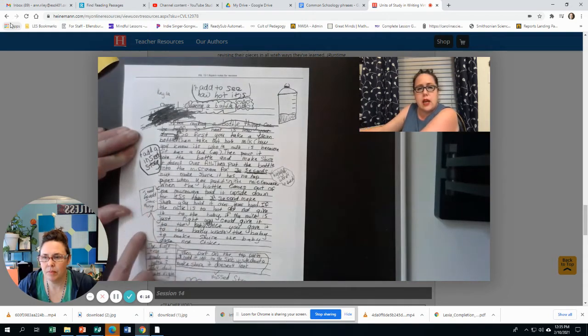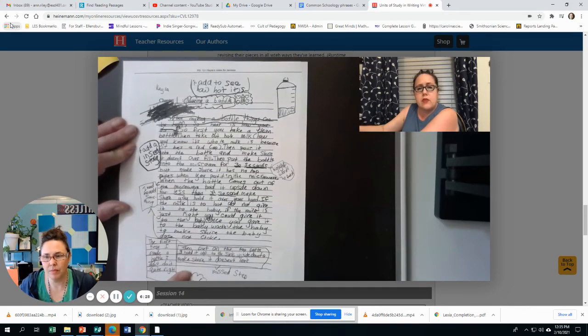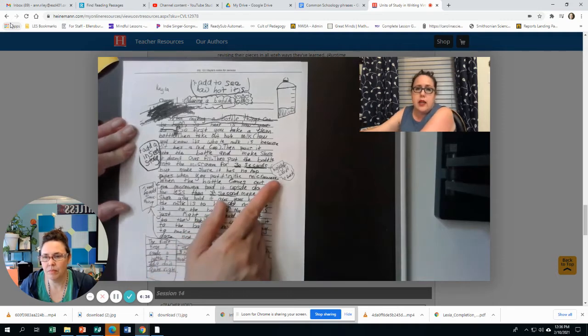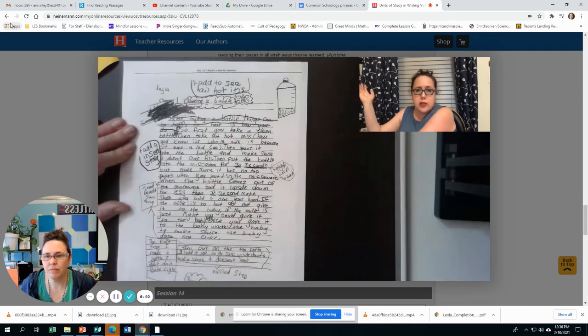She feels like she needs to add something more, like the first time that she made a bottle and didn't do it right. She felt like she missed a step, that you need to hold it up to the sink to make sure that the water or the milk doesn't spill out everywhere. And then she also wants to add something about highlighting. So she has some notes to herself.